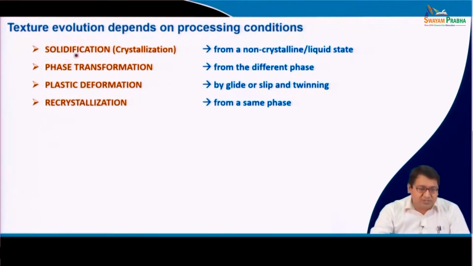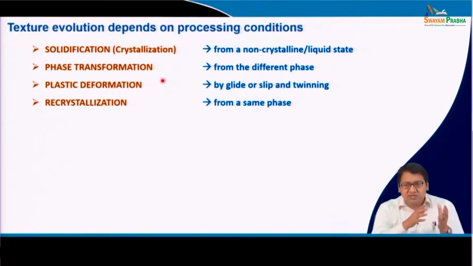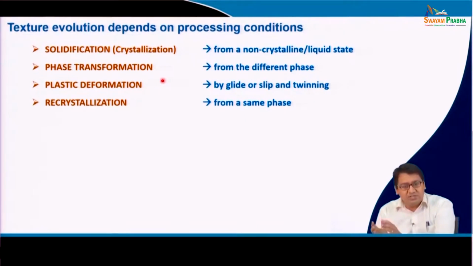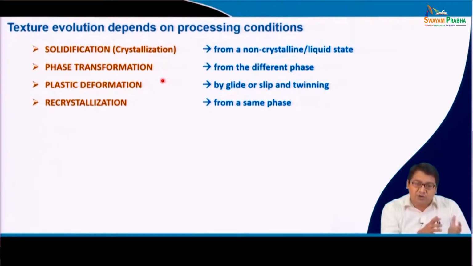The second process is the phase transformation, that is, the transformation of the polycrystalline material from one phase to another phase, as I said, from face centered cubic to body centered cubic or vice versa, from body centered cubic to hexagonal close packed or vice versa.